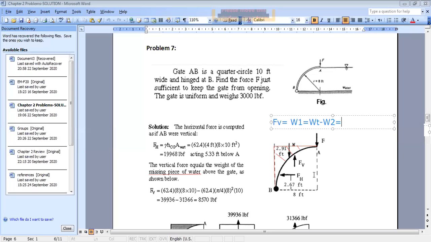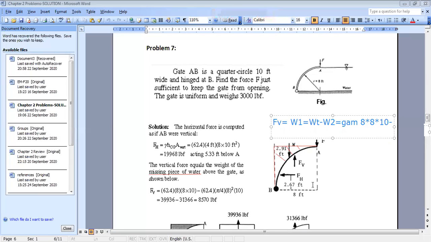The total part has a volume of 8 times 8 times 10. This is why they did gamma times the total volume, which is 8 times 8 times 10, minus W2. W2 is the weight of this part, which is the quarter of the circle.